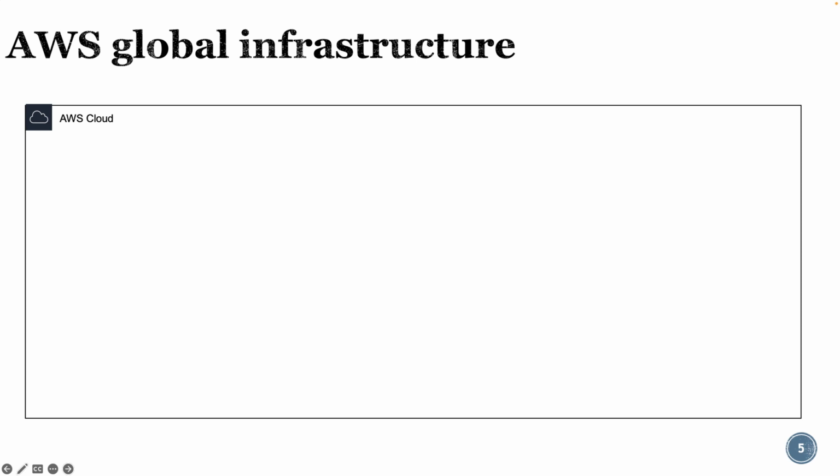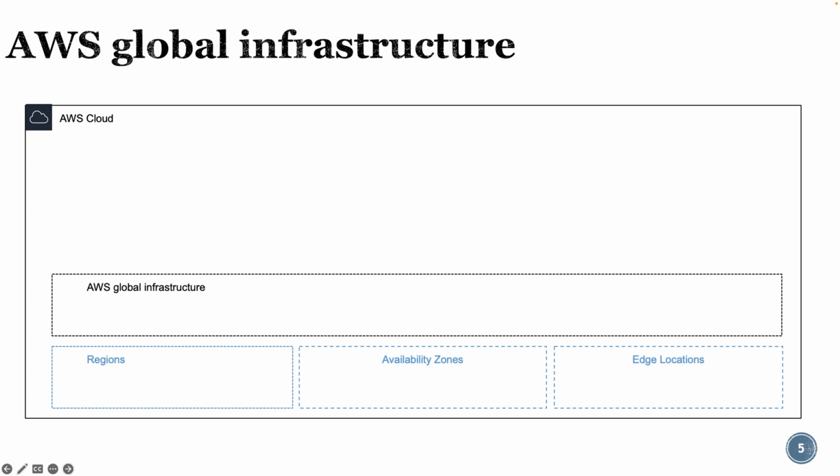And we just said AWS created the global infrastructure as a collection of individual infrastructures located all over the world. So globally, AWS offers regions and also has AWS edge locations. And AWS is designed to have multiple regions, multiple availability zones, and multiple edge locations around the world.